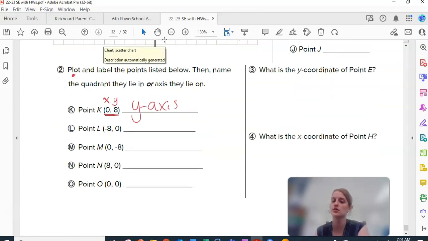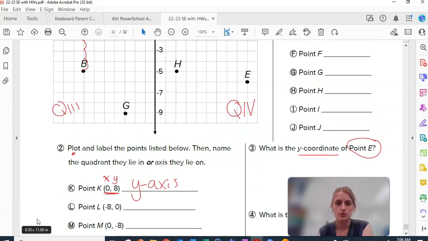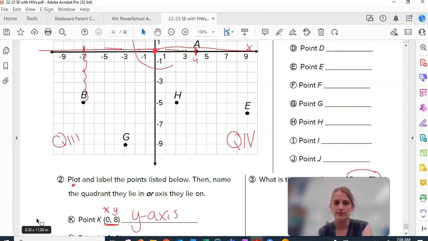You have 2 more questions on your homework. What is the y-coordinate of point E? Okay, so we have the y-coordinate of point E. First we have to find point E. Found it. Okay, here it is. Now, it's really, really important that we're reading closely here because even if you tell me the correct ordered pair for point E, that's not what I asked you for.